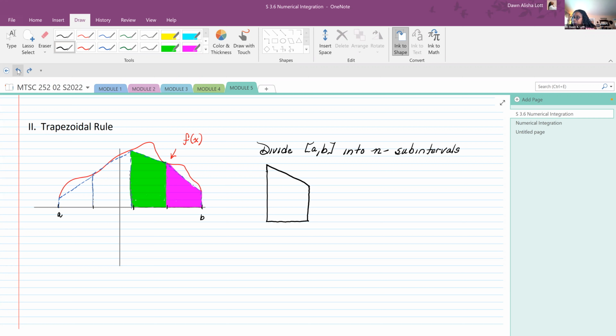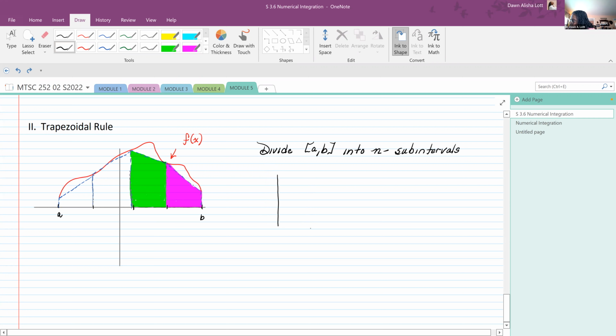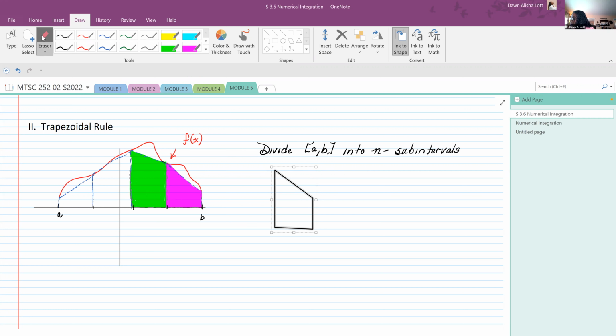Let's try it again. There we go. Okay, so there's my trapezoid. Unfortunately, it's not perfect, but that's the best I'm going to get.